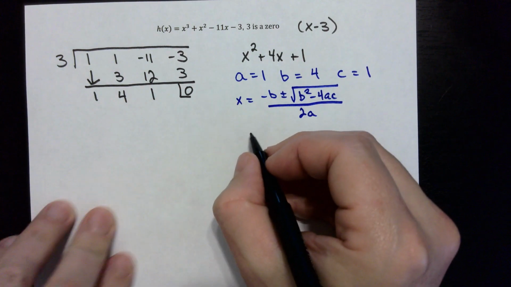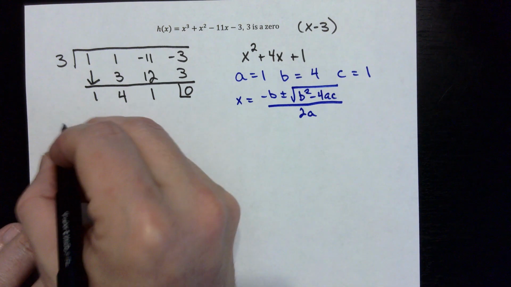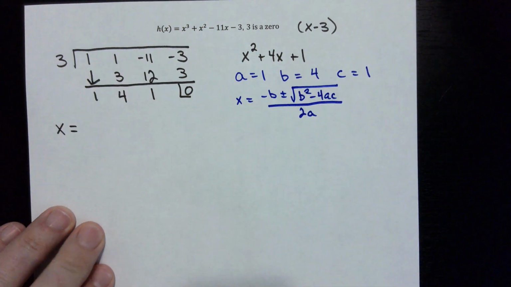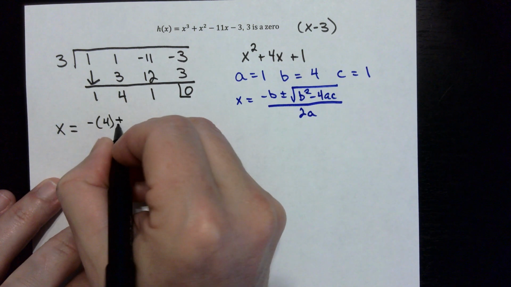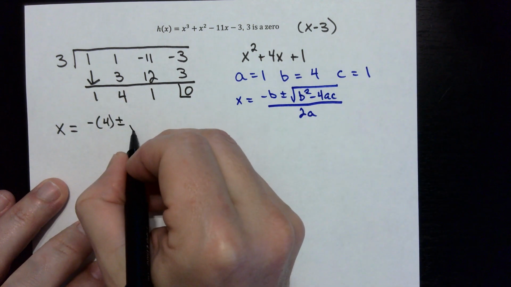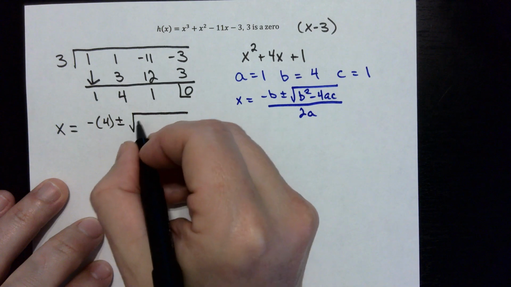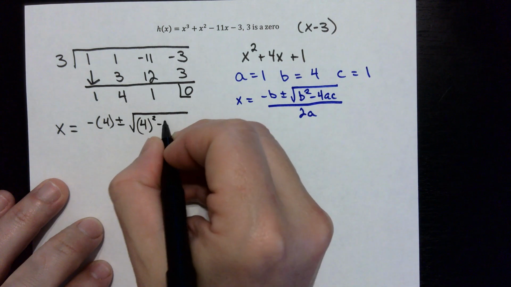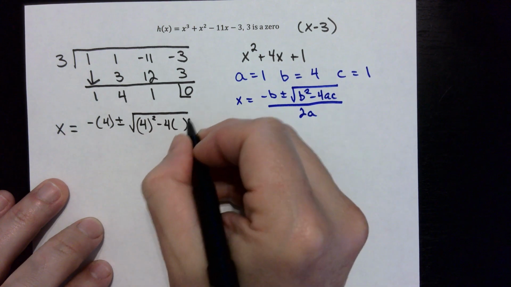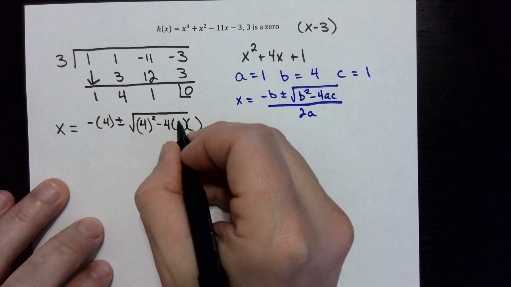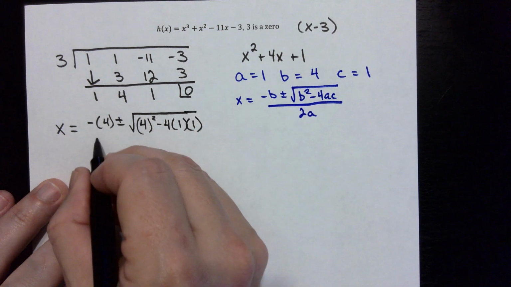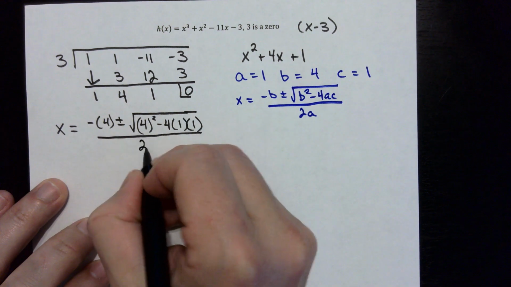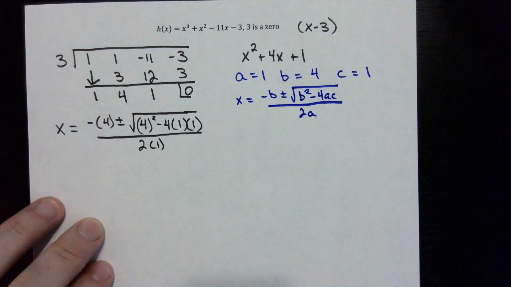So x is equal to, let's write it over here, x is equal to negative b, so -4 plus or minus square root of b squared, so 4 squared, minus 4 times a times c, so that's a is 1 and c is 1, all divided by 2 times a, so 2 times 1. Okay, let's clean that up.